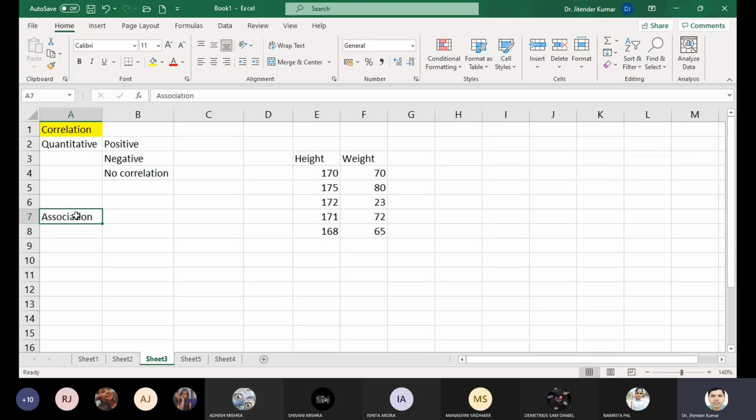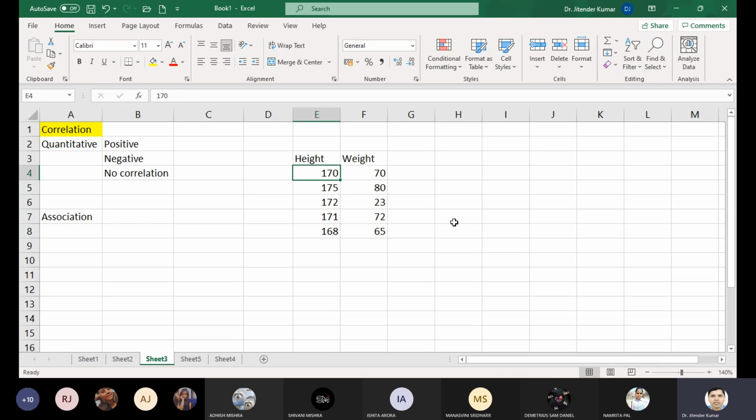And if there is no pattern between these two variables, that is, when one changes the other sometimes decreases and sometimes increases, then that is called no correlation. Okay, they are not correlated. All right. So for finding out whether there is a correlation between two variables or not, we always try to see it visually.